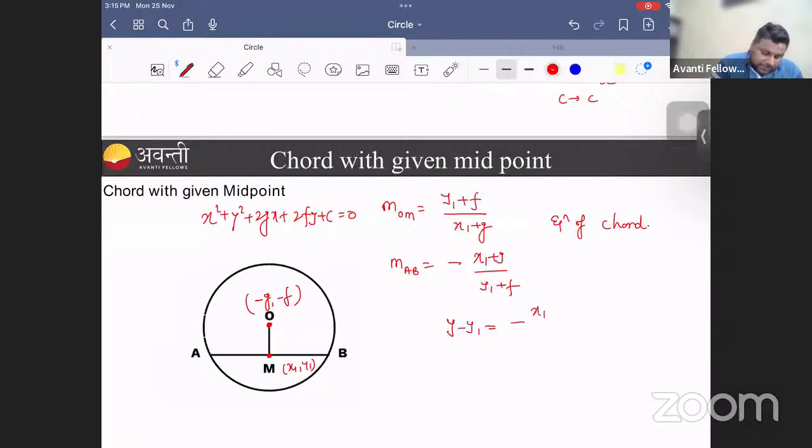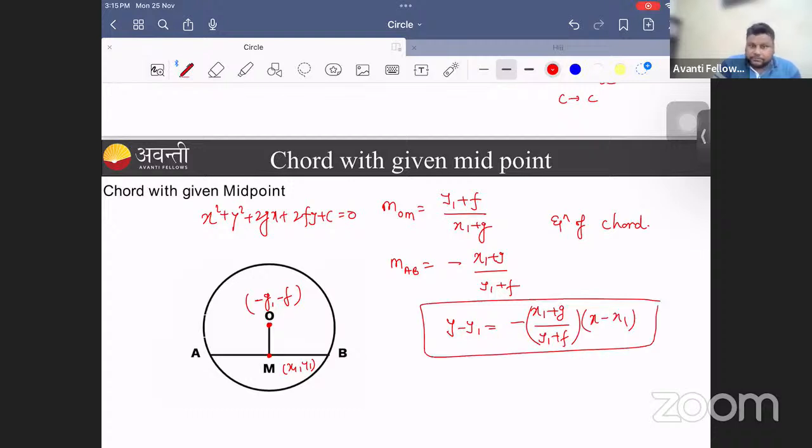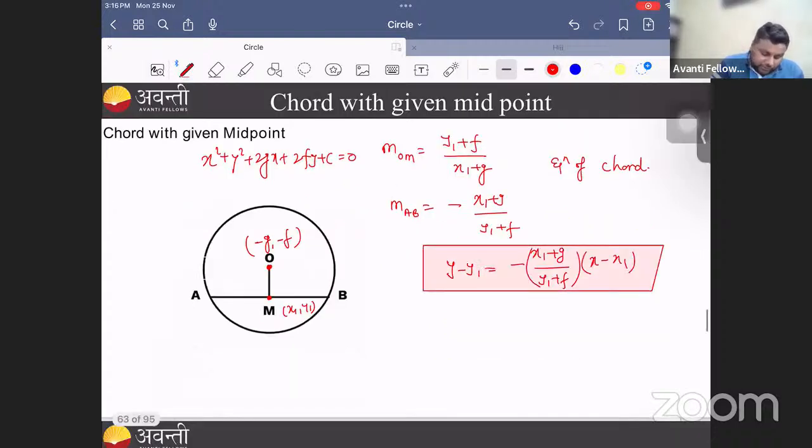So the equation of the chord will be y minus y1 equals slope, minus (x1 plus g) upon (y1 plus f), into (x minus x1). Now, if you simplify it, you get the equation of the chord with the given middle point as T equals to S1.